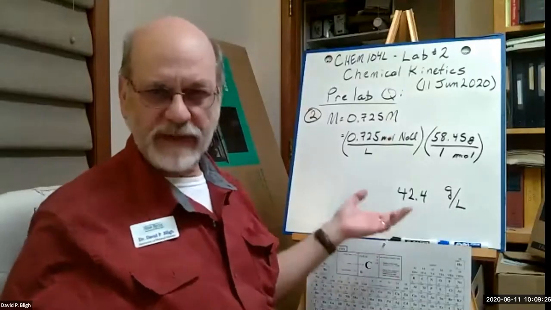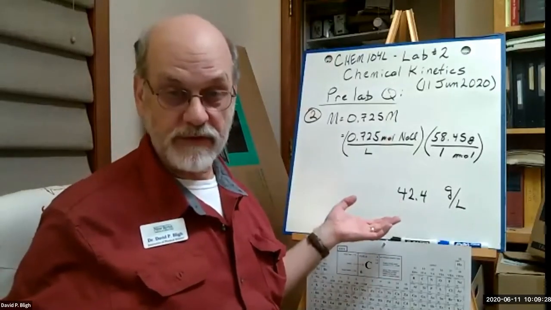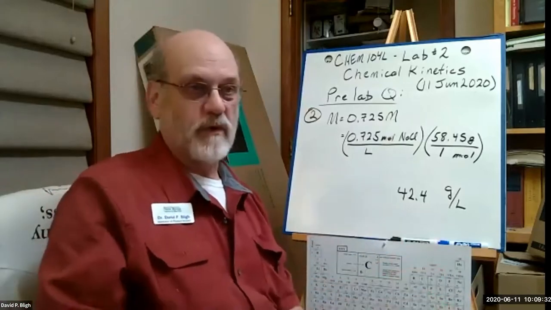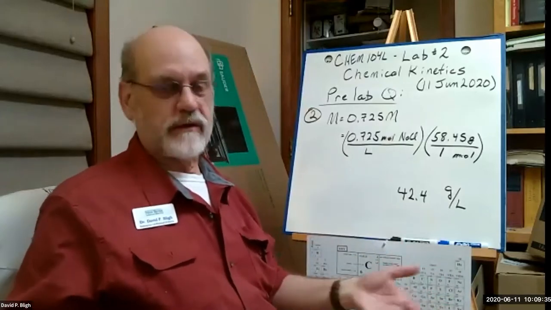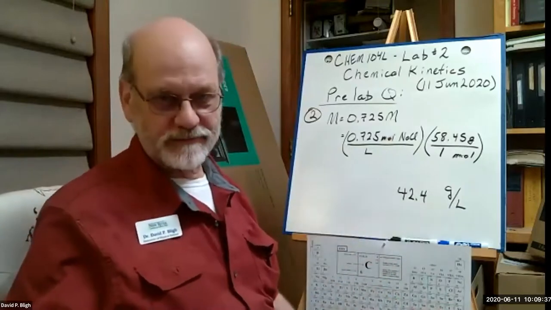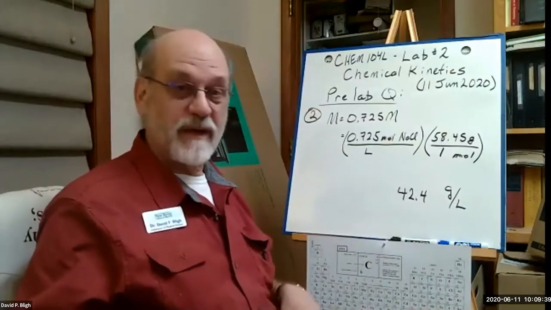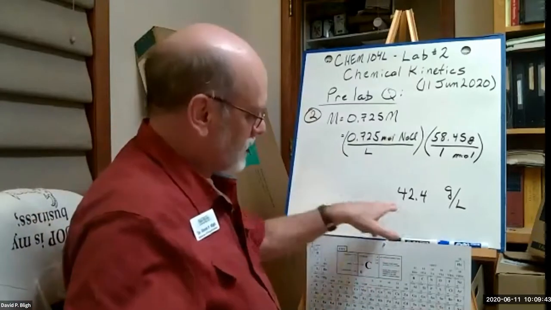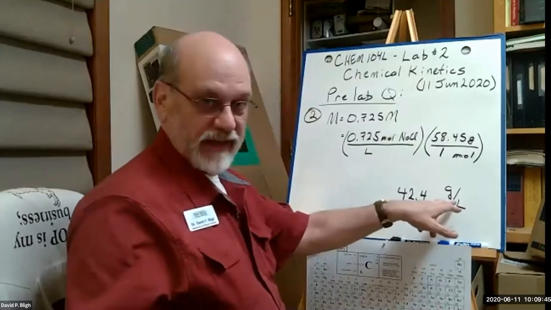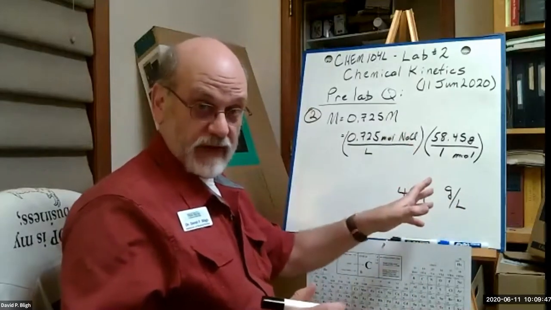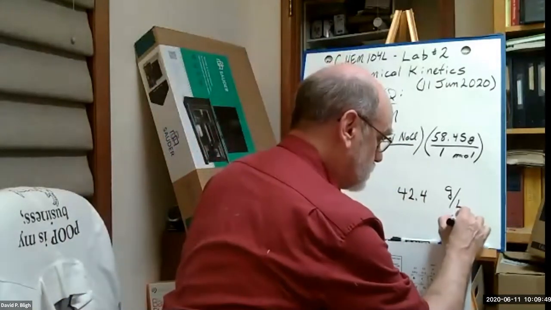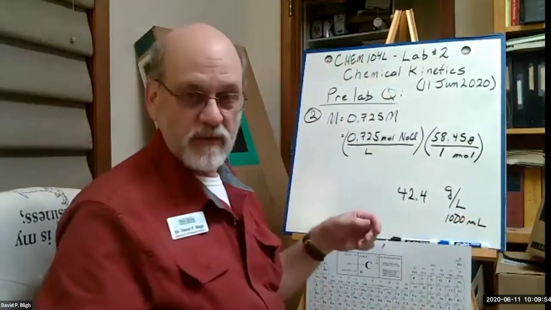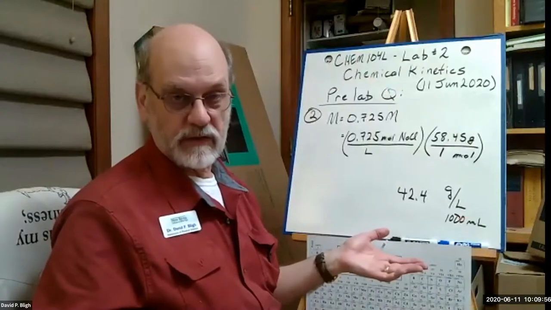Now, who's going to make up a liter of sodium chloride solution? I mean, that'll be enough to last me for the next 20 years of teaching this same class. Right? So we only need to make up a smaller amount. So if it takes that many grams for a liter, 1,000 milliliters, how many grams would it be for, say, 100 milliliters?